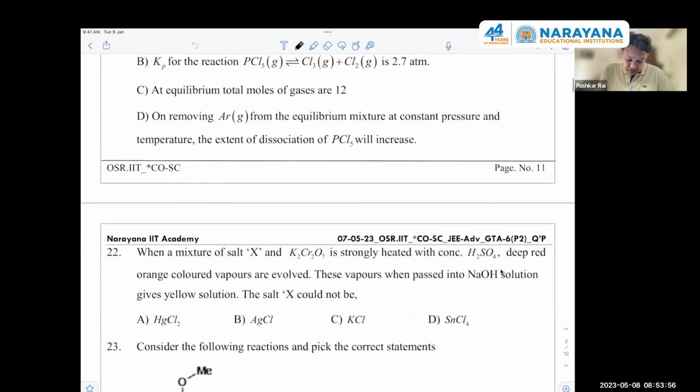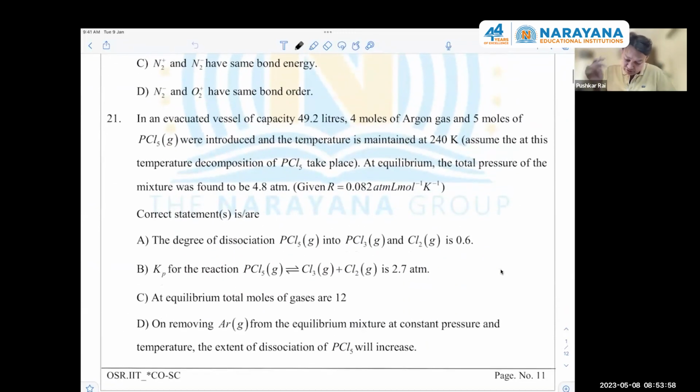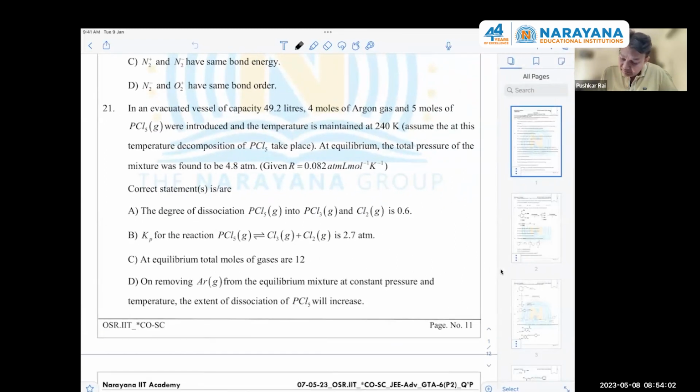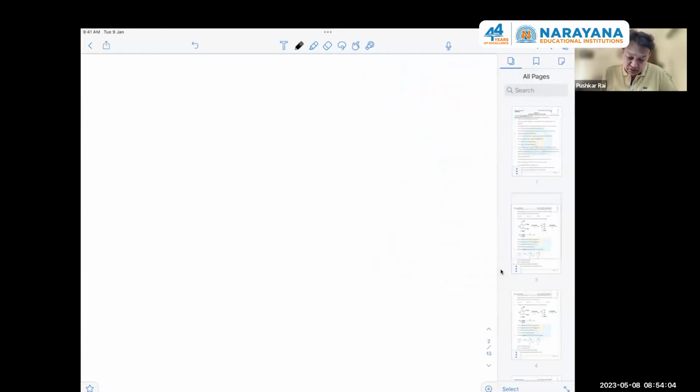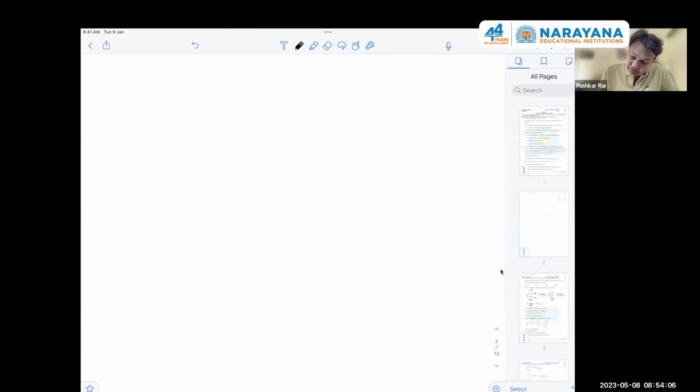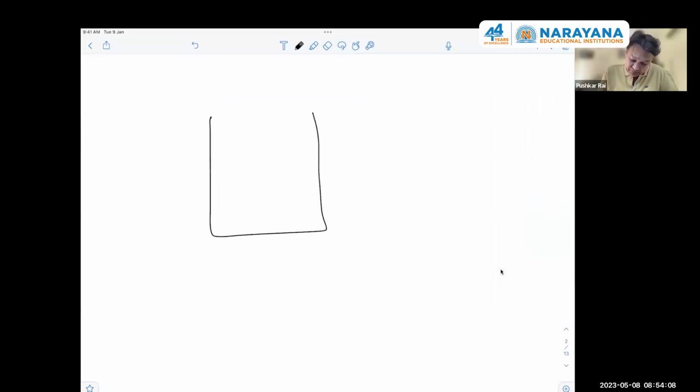So in option D, on removing argon from the equilibrium mixture at constant pressure, you immediately visualize this. If the gas is at constant pressure, you see what is happening. This is pressure P equals constant. So PCl5 is there, PCl3 is there, Cl2 is there, and argon gas is there.